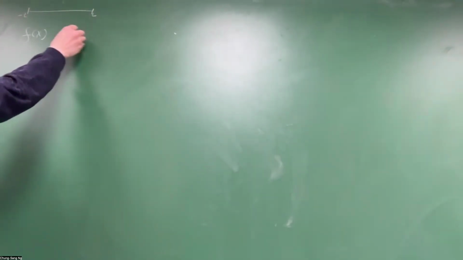We start with the Fourier series in compact space. Remember that we have a function over minus L to L, then that's a sum over n from minus infinity to infinity.